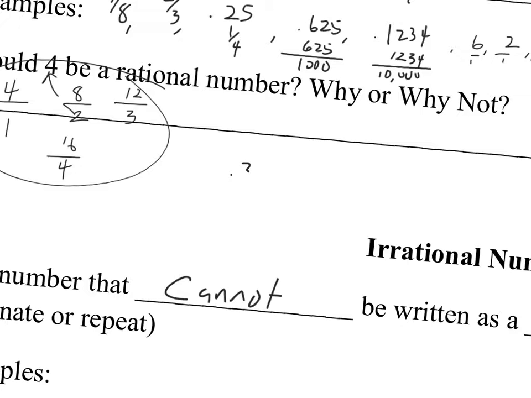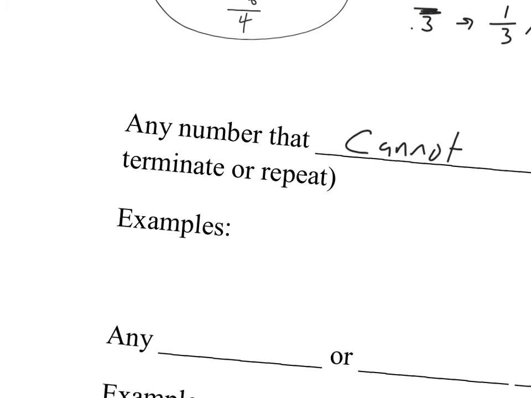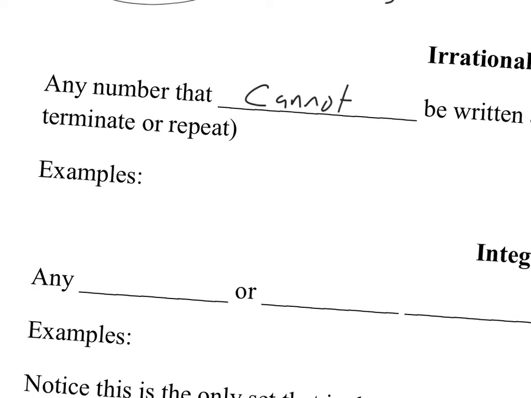This is an easy one: if I say 0.3 repeating, we all know that is 1/3. That is a fraction. That's rational because it is repeating. Now, if you get a decimal that does not terminate, like 1.23894 etc., etc., that's not terminating and it's not repeating, therefore it's irrational.